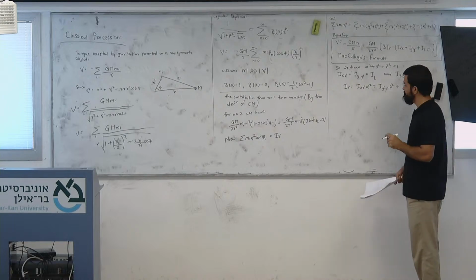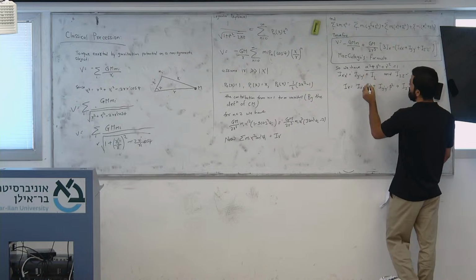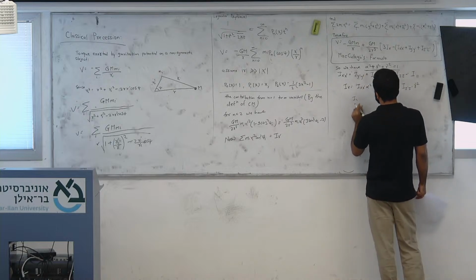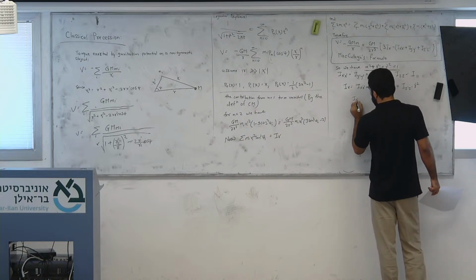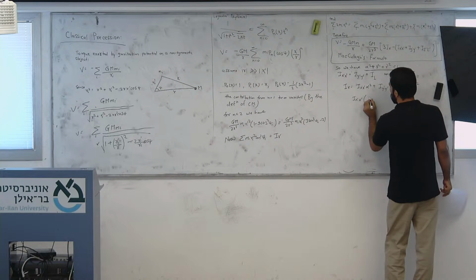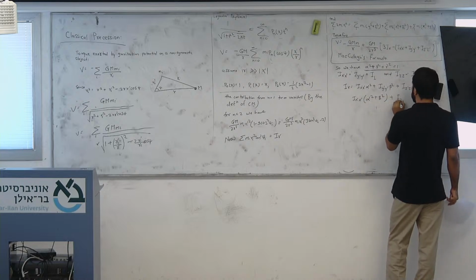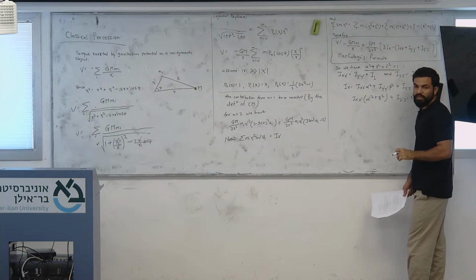What I can do is to write I x prime alpha square plus beta square plus I z prime gamma square. Alpha square plus beta square is 1 minus gamma square.